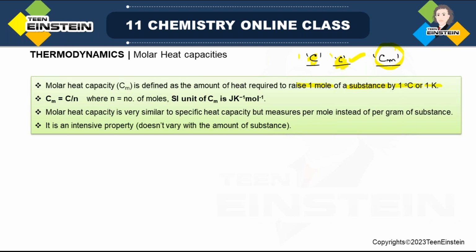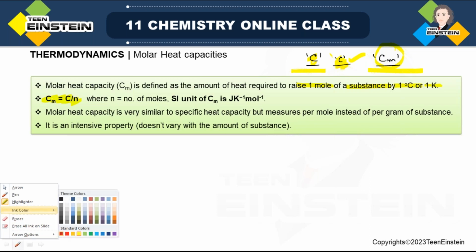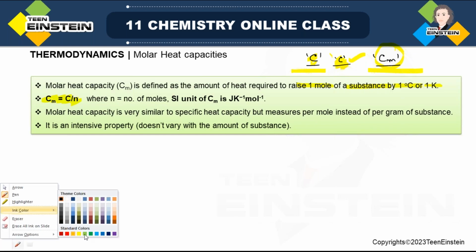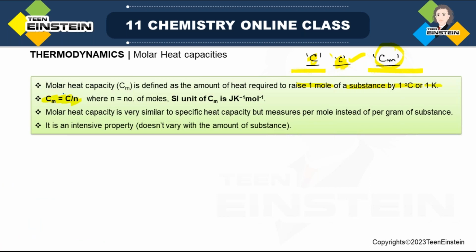Now, relationship between this heat capacity and molar heat capacity is this one. So molar heat capacity is basically heat capacity, that is capital C, divided by number of moles. So Cm equal to capital C divided by n, where n is number of moles.